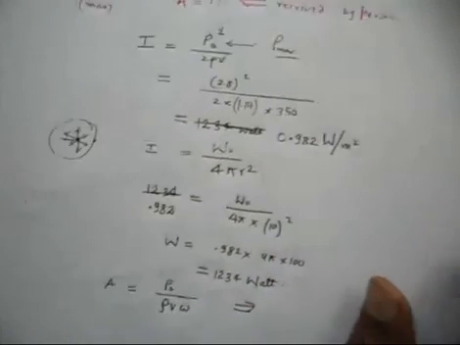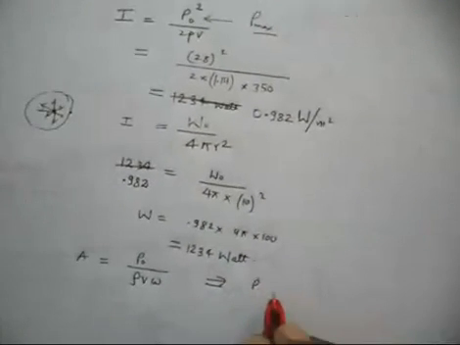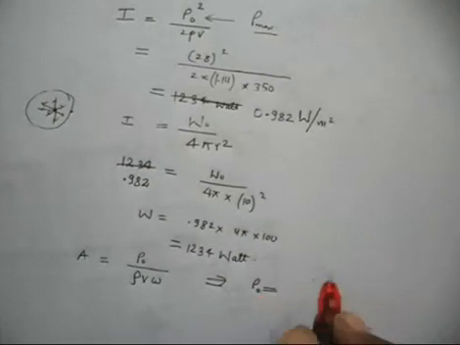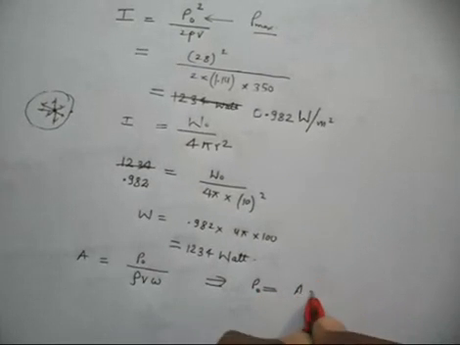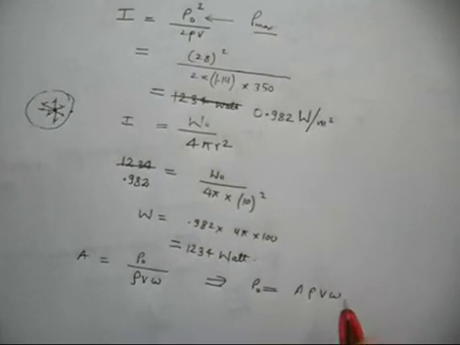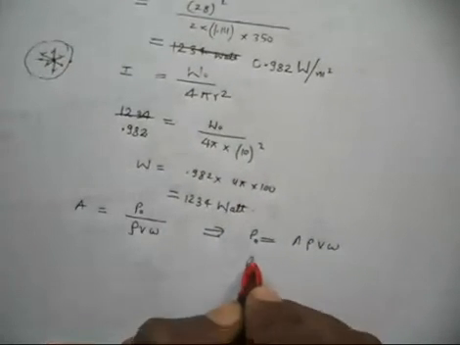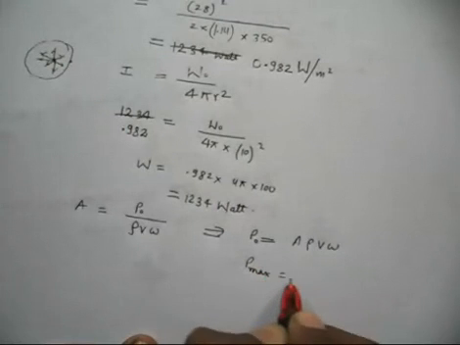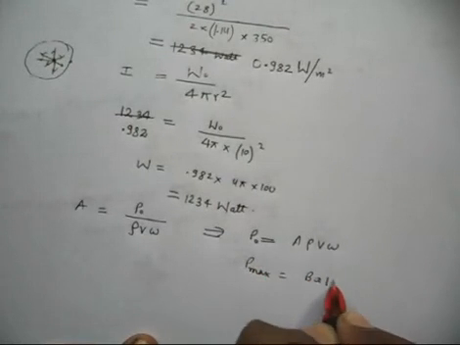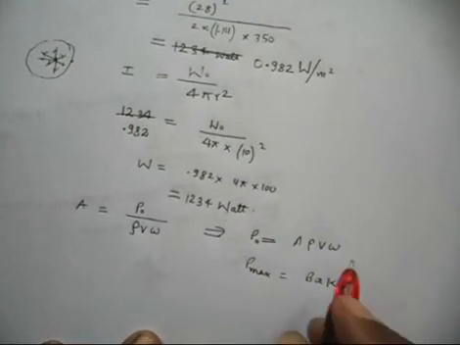If you remember, P naught is A rho V omega. The pressure maximum is BAK, and if you plug in the values of B and K, you will get the answer.